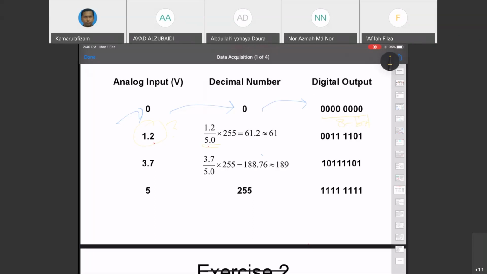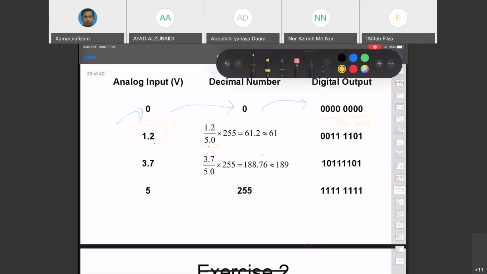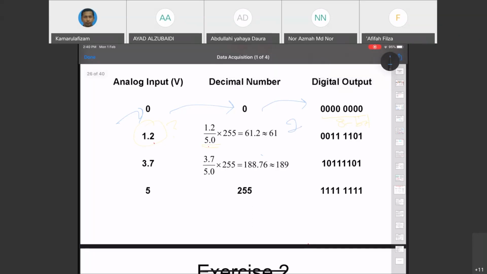Again, you have to remember, when we work with an 8-bit system, to get the maximum number of levels we have to use the formula 2 to the power of n. In this case, n is equal to 8, so you will get 2 to the power of 8.